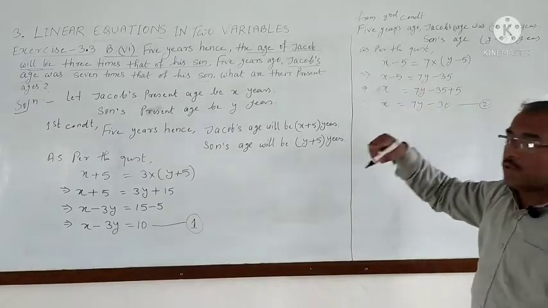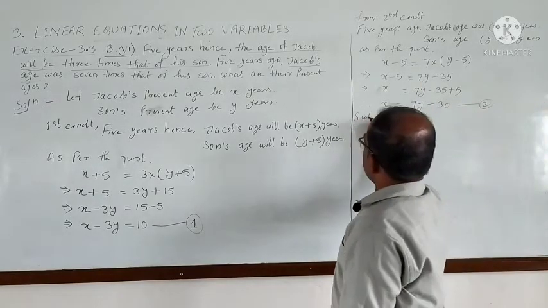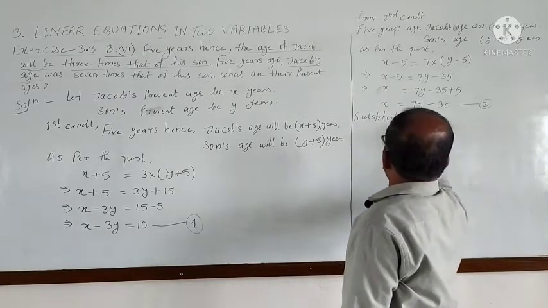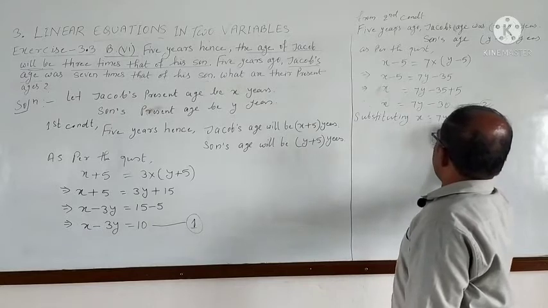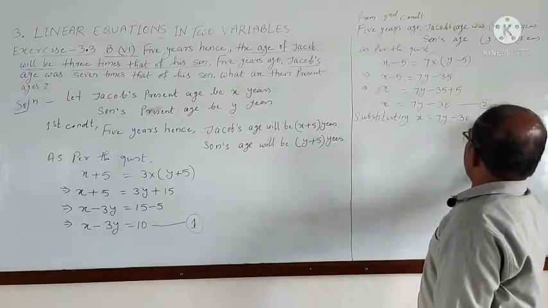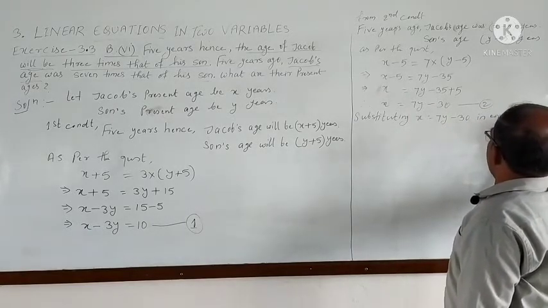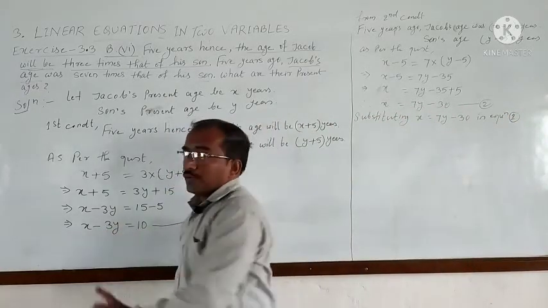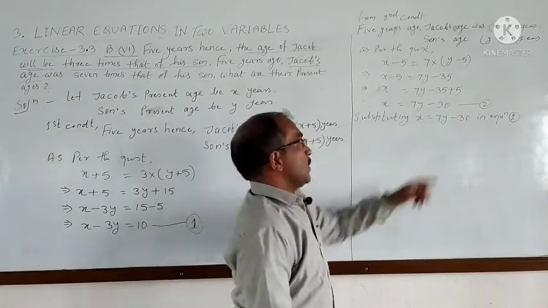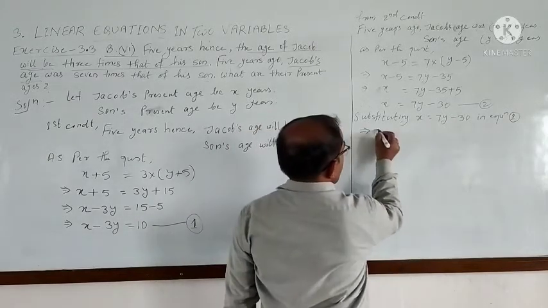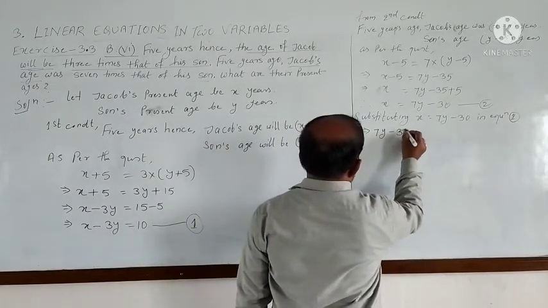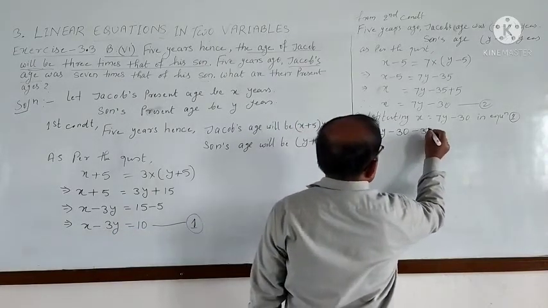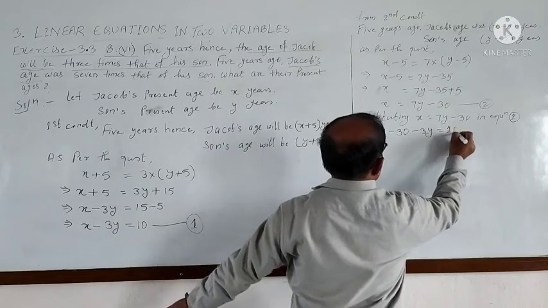We will substitute in equation 1, substituting x equal to 7y minus 30 in equation 1. Equation 1 is x minus 3y equal to 10. For x we have 7y minus 30, again minus 3y is equal to 10.